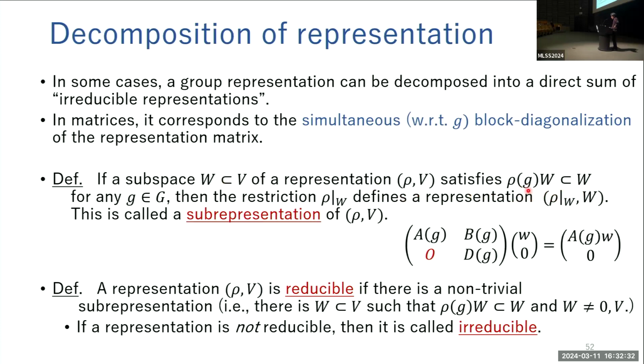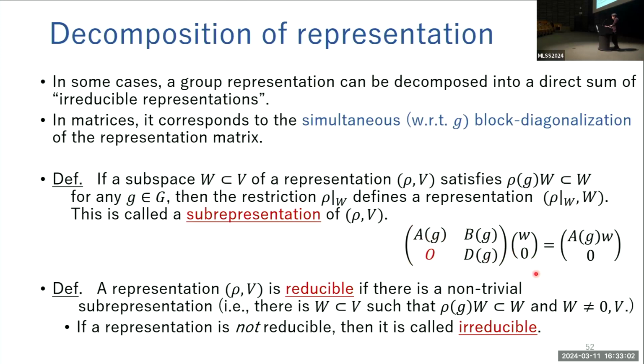Then we can define a new representation by restricting V to the subspace W. This restriction is called a sub-representation of rho V. In the matrix form, if we can find an appropriate basis of V, we can express the matrix in this form.